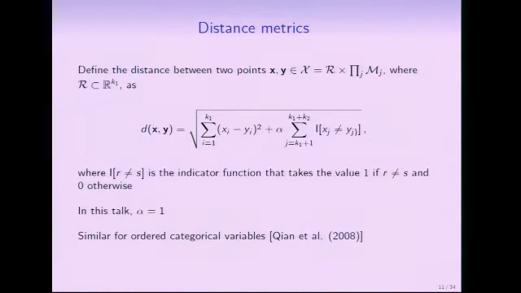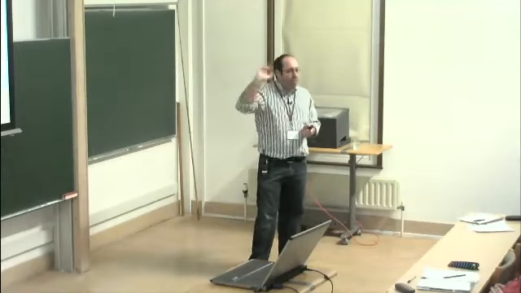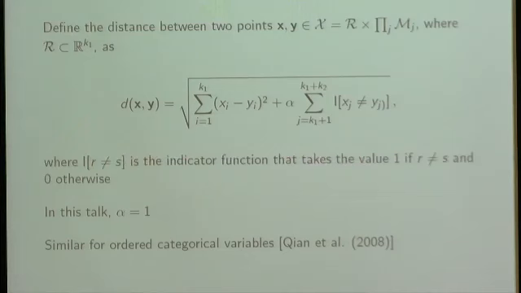And this weight alpha, so this is the indicator function clearly. So if the two runs are the same on one of the qualitative variables, that will give you 1, otherwise it will be 0. And we have this weight alpha, which just lets us adjust the relative importance we give to the quantitative and qualitative terms. It can help us adjust for differences in scale, for example, between the different variables.